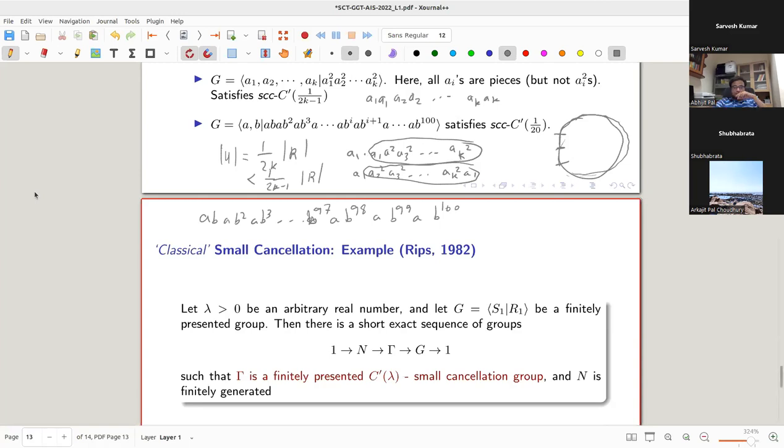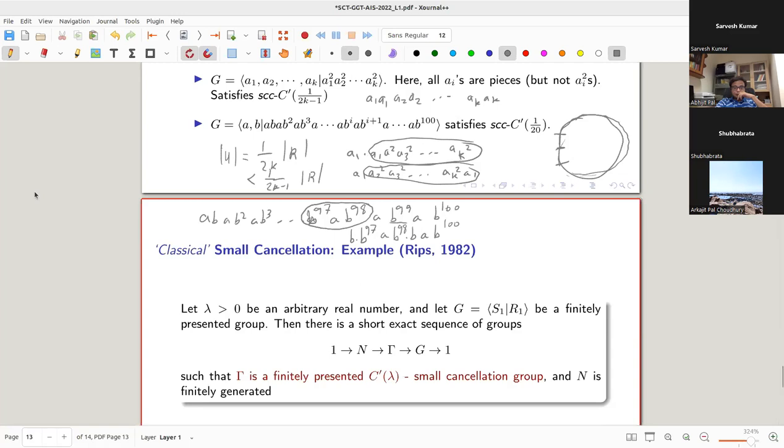See, if we look at this, say b to the 97, a, b to the 98. If I write b to the 98 as b times b to the 97, a, then b to the 99 as b to the 98 b, then a, then b to the 100.